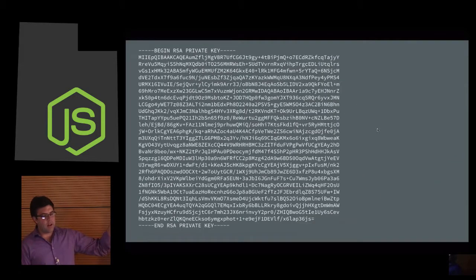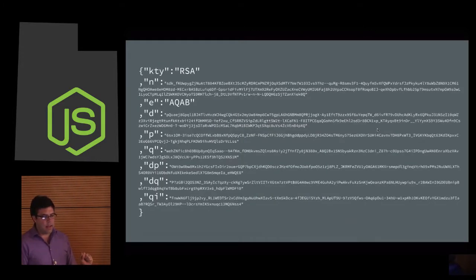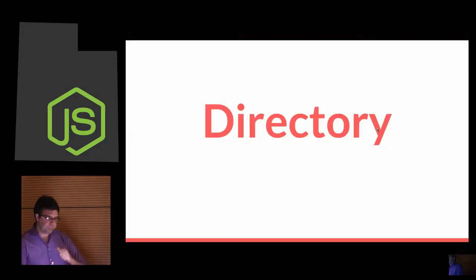So this is what a PEM file looks like. This is a hecka long prime number, essentially. ECDSA keys are way shorter because they're like any random number. And then this is what it looks like as a JWK. So just so you have some perspective of what a key looks like, that's what it looks like.